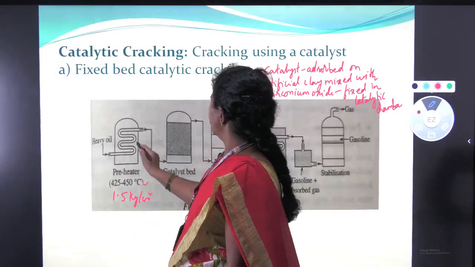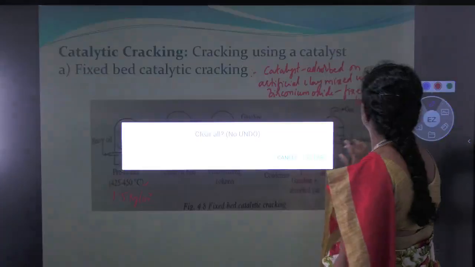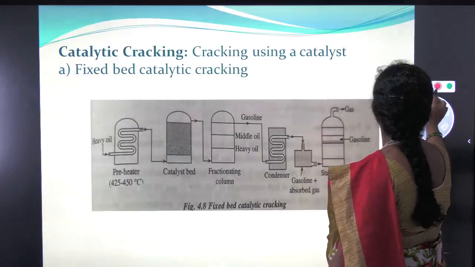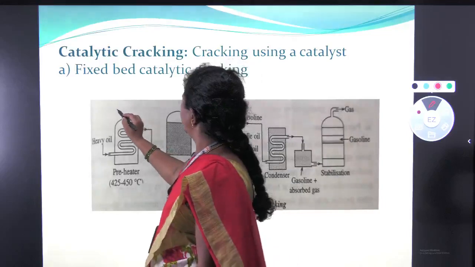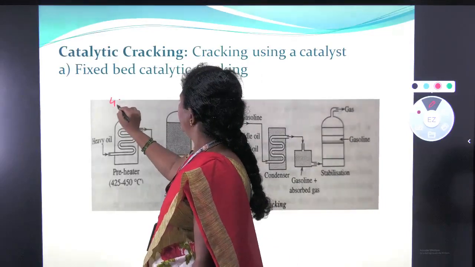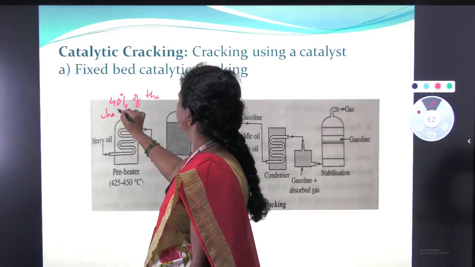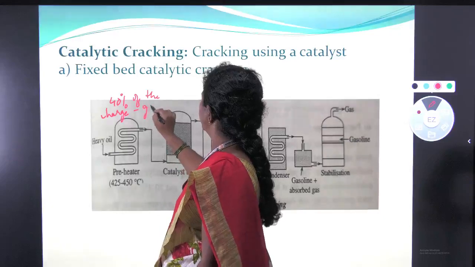Now these vapors will be passed into this catalytic bed. During this preheating process only, nearly 40% of the charge will be converted to gasoline.